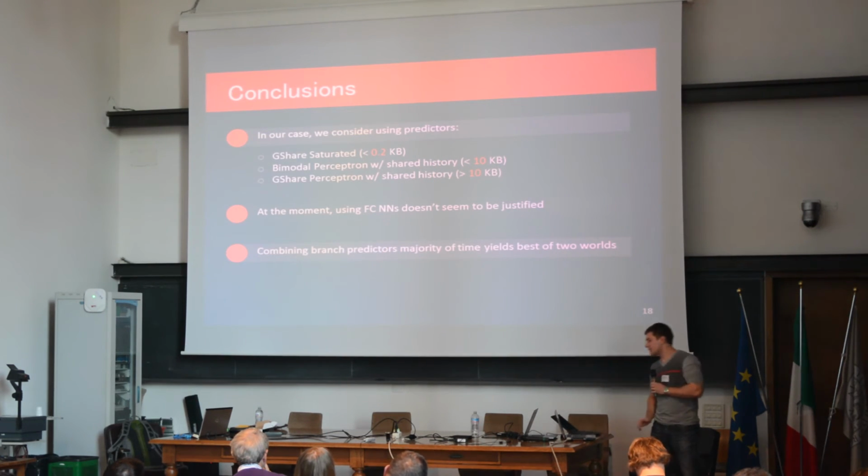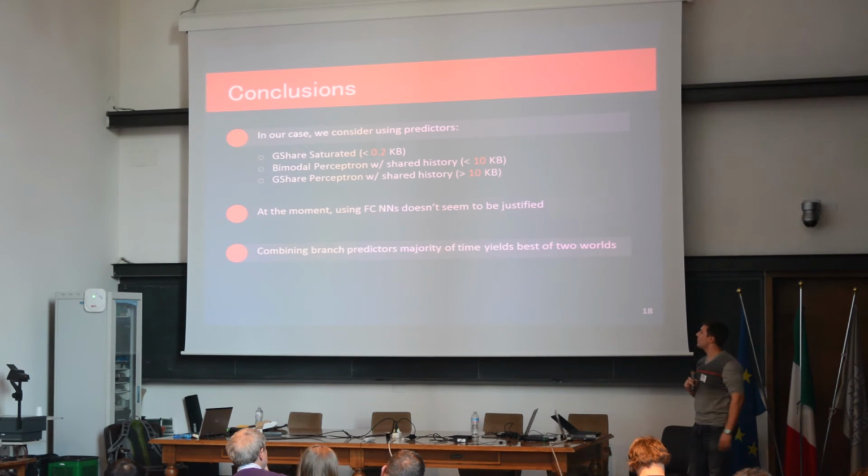I already explained the situation with the sizes. At the moment, using a fully connected neural network doesn't seem justified because they are far more complex in terms of hardware implementation, and the win that you get is not nearly enough to justify the cost.